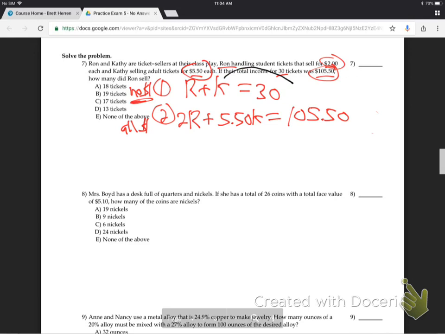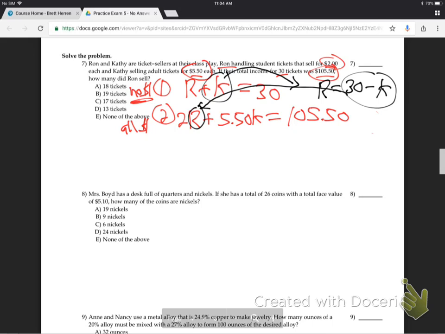I'll just move the K over. That's what I was doing before, the plug-in method. So let's move the K over like that, and so that'll be R equals 30 minus K. Is that good so far? Move that over. R is 30 minus K. And then take that and plug it in right here for R in the second equation.